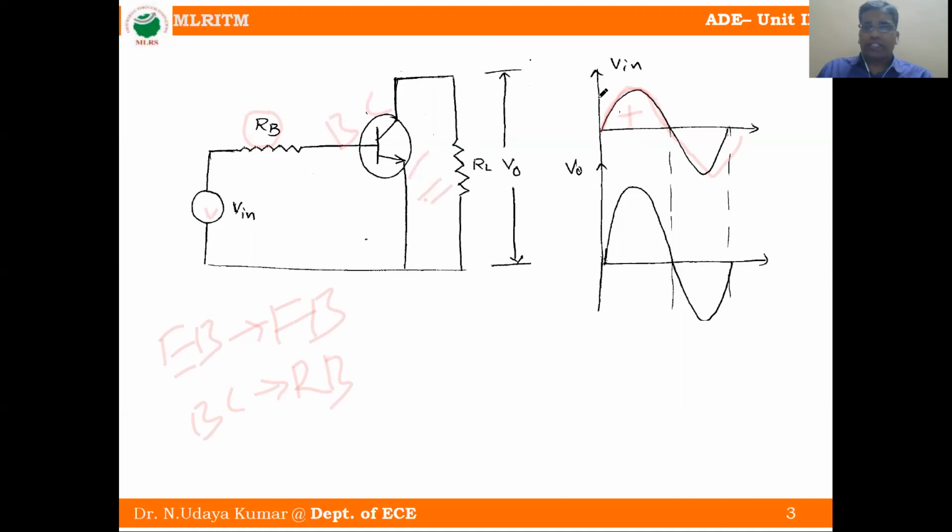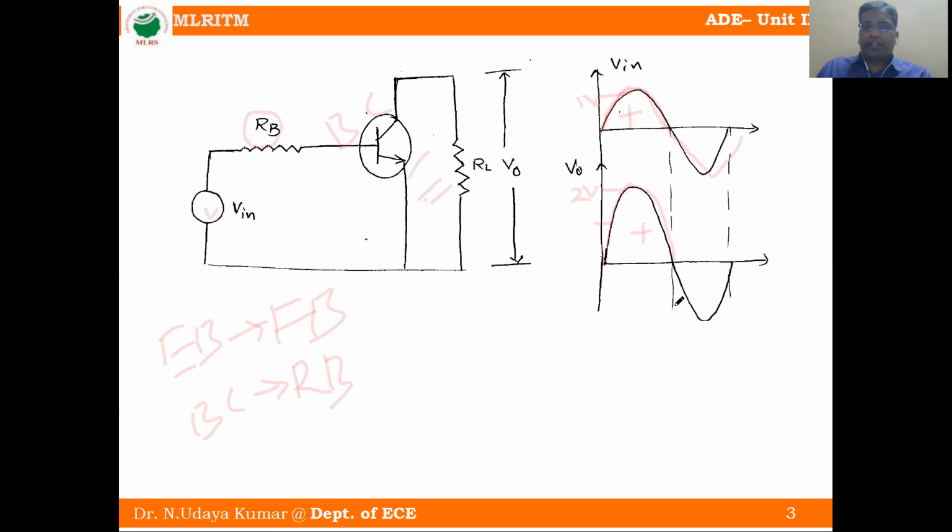You will see this is of very small magnitude, for example 1 volt. After applying it to the transistor, the signal is amplified. The positive portion is amplified from 1 volt to approximately 2 volts. Consider 2 volts. That means the positive half is amplified by the transistor.